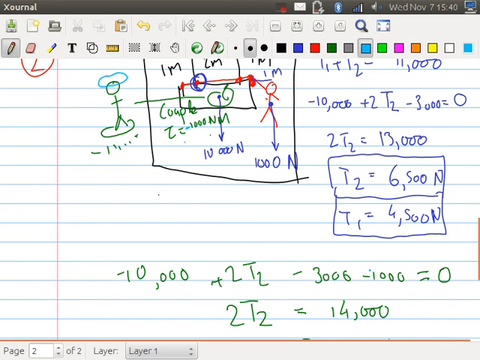So what will this change? It was minus, now it's positive. So this here becomes positive, so this isn't now 14,000. What will it be? It'll be 12,000.